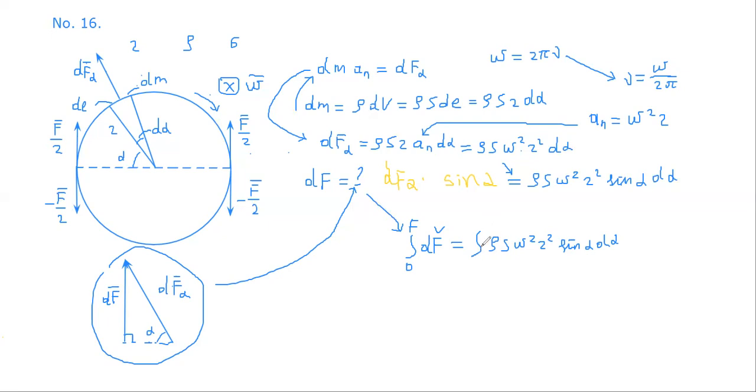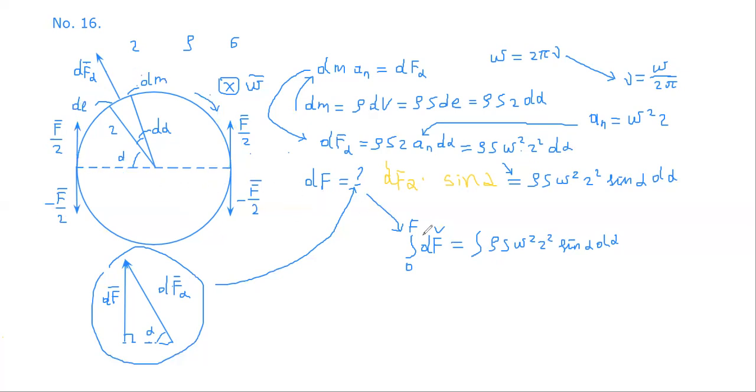And what do we have here? We have to pass all angles alpha for this half of the ring.